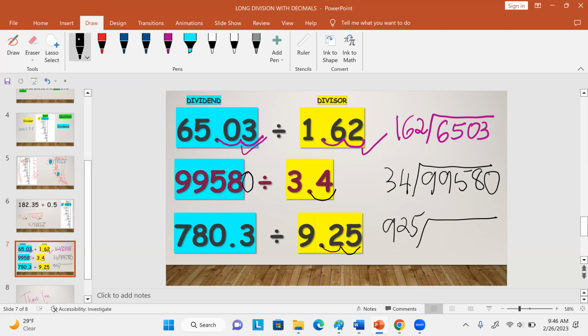Therefore, we're going to complete this with another 0 to have that same movement for the dividend. So we're going to have a 7, 8, 0, 3, and another 0 placed on the right side of 3. So we have 78,030 divided by 925, and you do the long division.